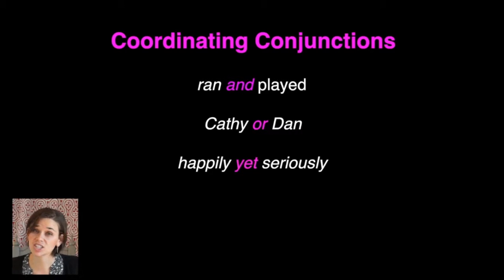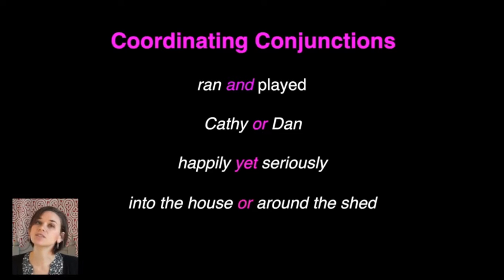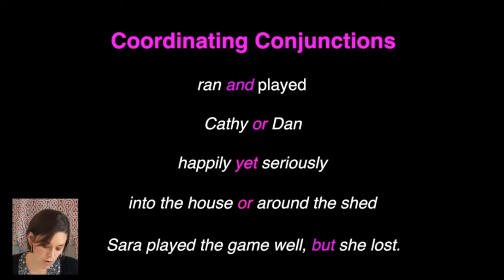The coordinating conjunction yet is joining 2 adverbs. Into the house or around the shed. The coordinating conjunction or is joining 2 prepositional phrases. And Sarah played the game well, but she lost. The coordinating conjunction but is joining 2 sentences.